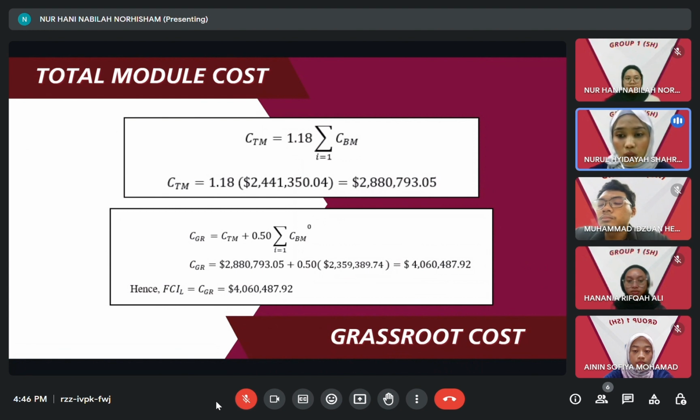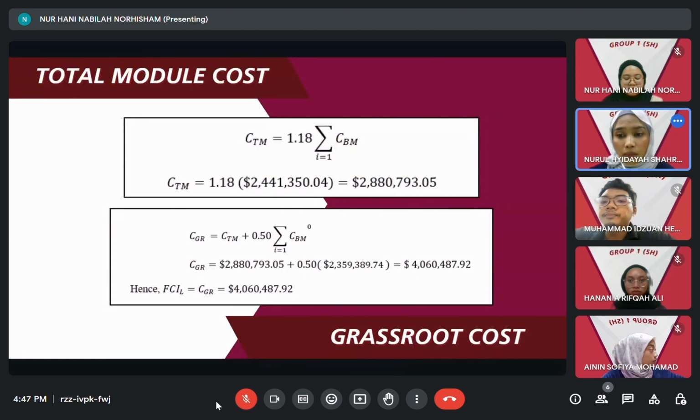And for the CGR, which is the grassroots cost, we use the equation of total module cost plus 0.5 multiplied by the total bare module cost, and hence we got the CGR value of about $4,060,487. This CGR is equal to the fixed capital investment.